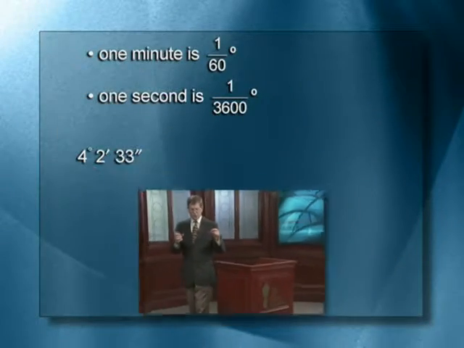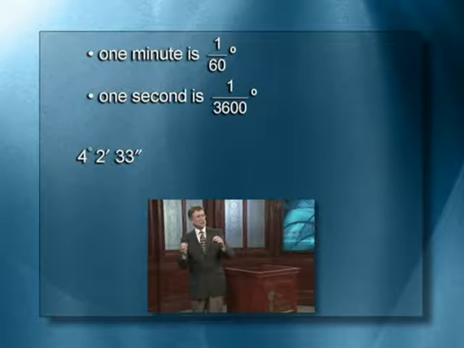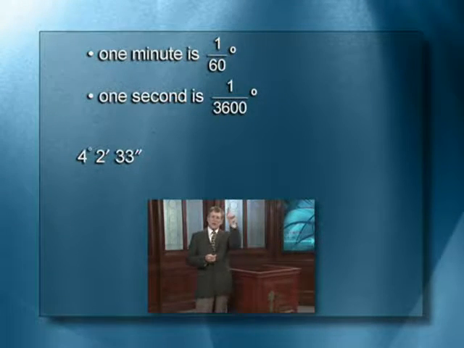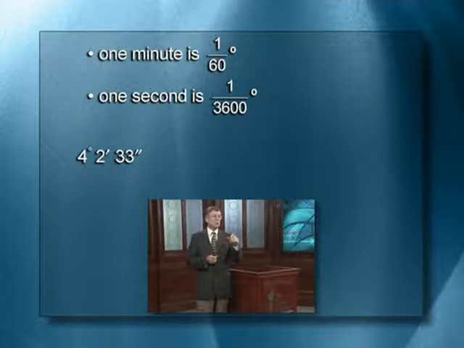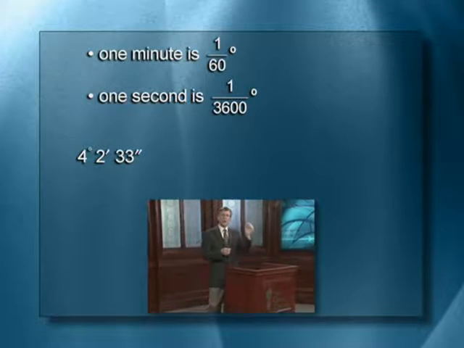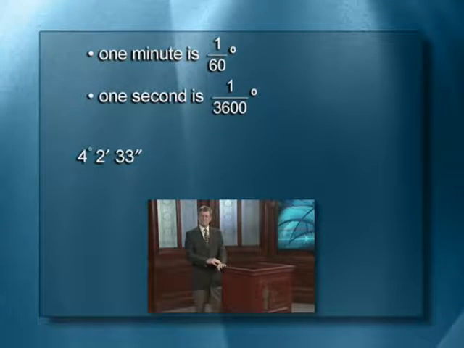Let's do a quick conversion so we're more comfortable with this strange idea. Suppose somebody tells you that an angle measures 4 degrees, 2 minutes, 33 seconds. The symbol for that is a single little apostrophe for the minutes, and 33 has 2 little symbols there. So 4 degrees, 2 minutes, 33 seconds. How many degrees is that?